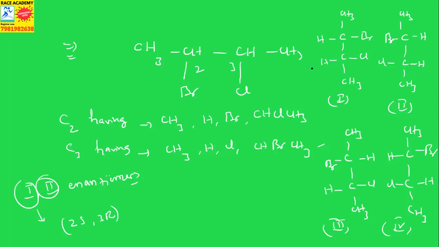That means on the second carbon the priority will come in anti-clockwise direction. And if you consider the third carbon, the priority will come in the right hand direction. So that is why it is 3R.